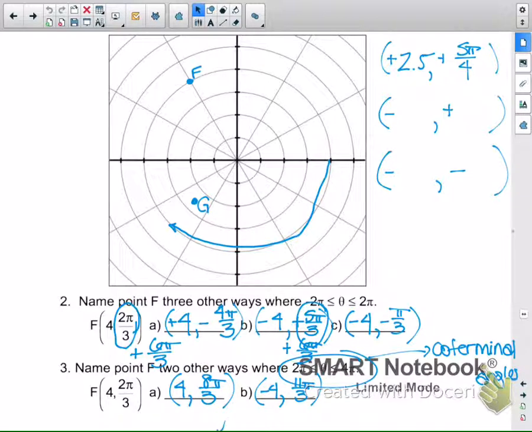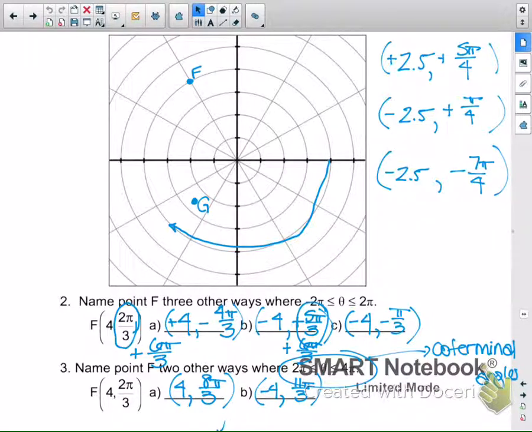Negative, positive: negative 2.5, pi over 4, excuse me, not 5 pi. Good. What else? Yes. Negative 2.5, negative 7 pi over 4. And again, you should notice you've used each of the pi over 4s one time in a positive or negative version. The original given and then the 3 other ones.